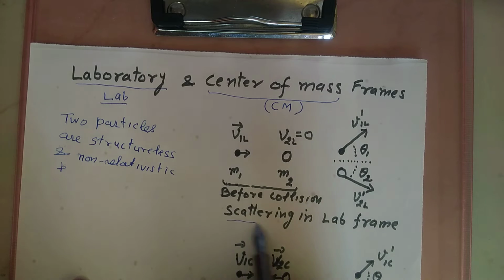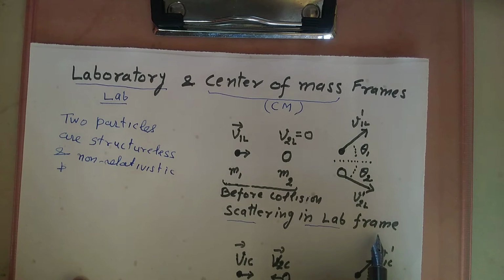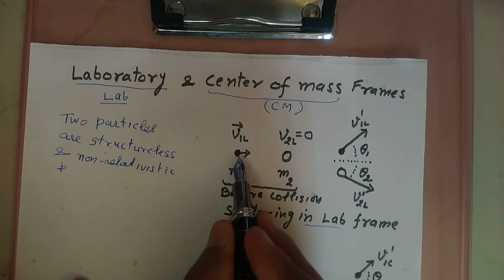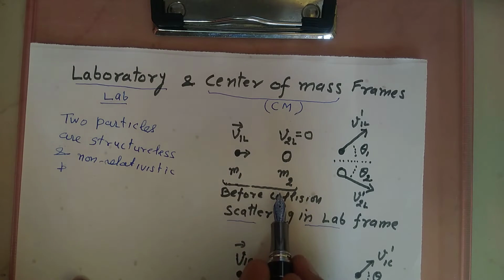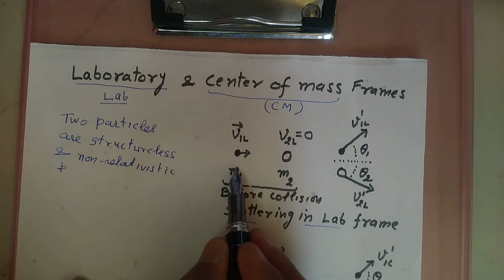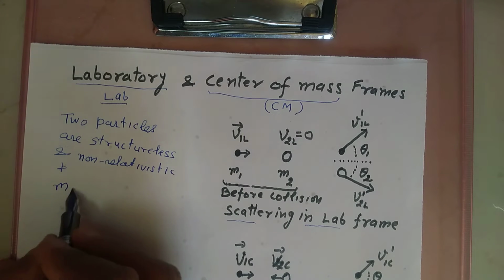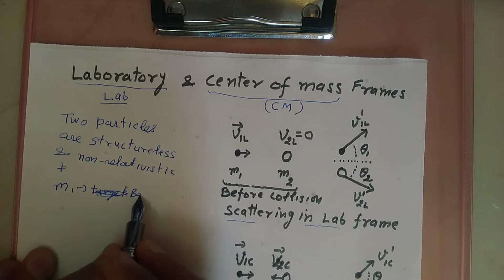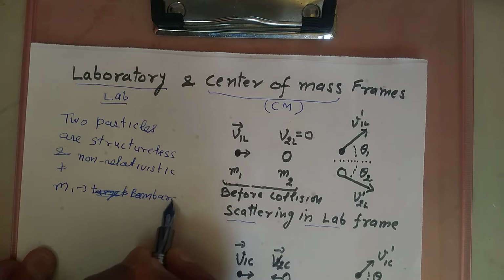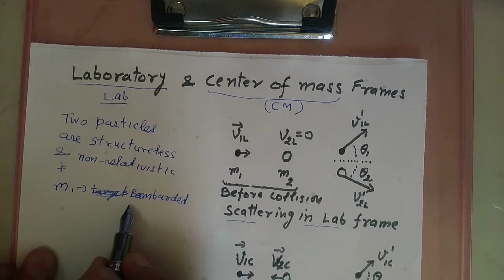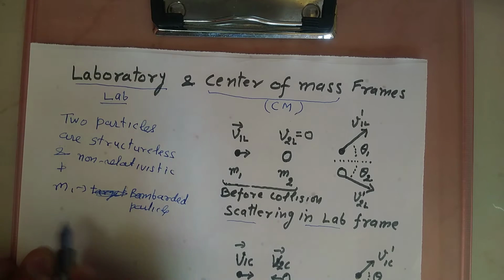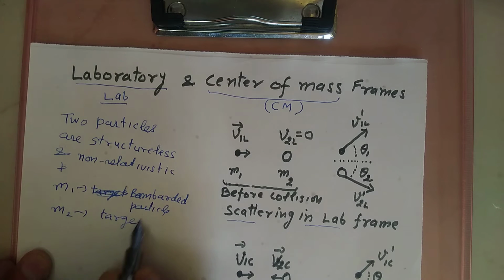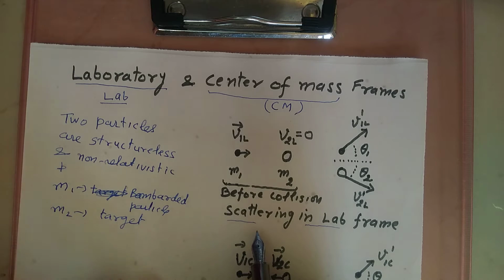So this is representing the scattering in the lab frame, and here I am calling this particle M1 and this M2 particle. In the lab frame I will consider that M1 is the bombarded or incident particle, and this M2 belongs to the target, or you consider it the target particle.